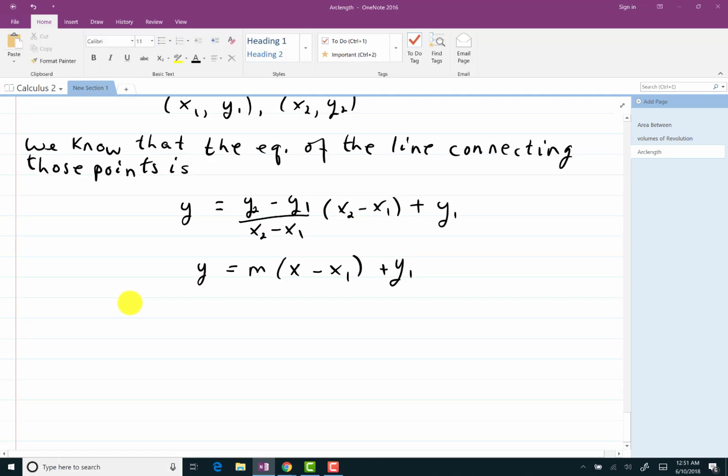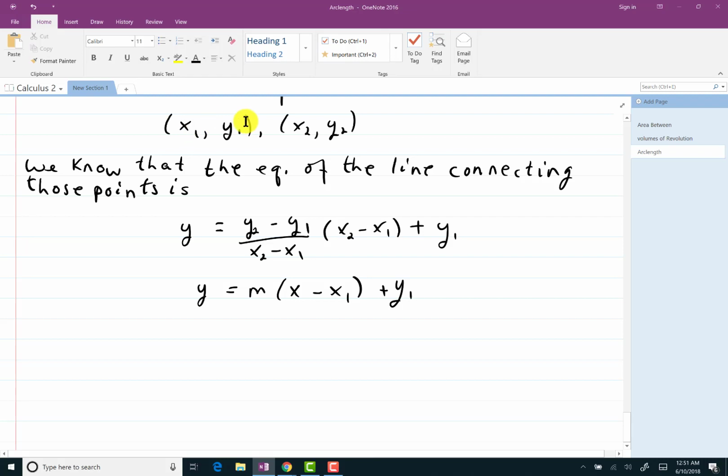Now, if I want the length of the line segment that connects them, then the x values go from x1 to x2. So what I'm going to get is an integral that goes from x1 to x2, square root of 1 plus, now I want f prime of x, that quantity squared, dx.